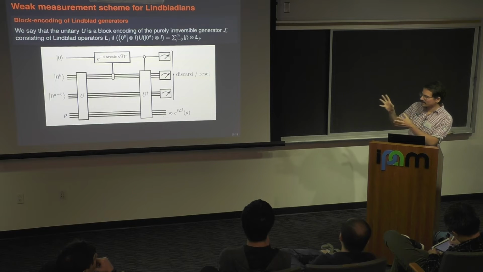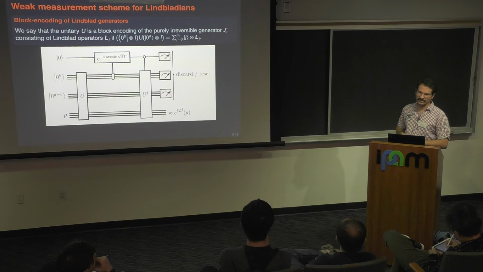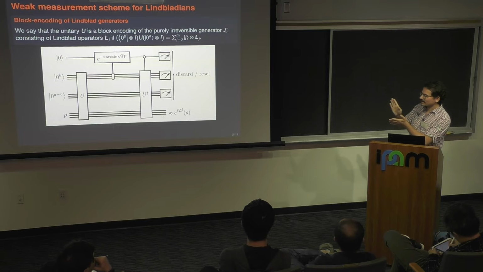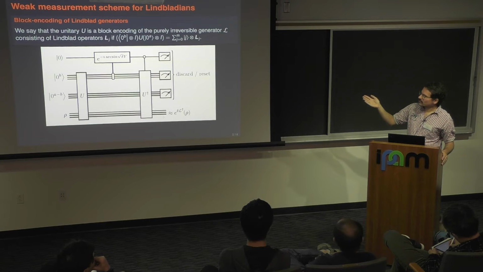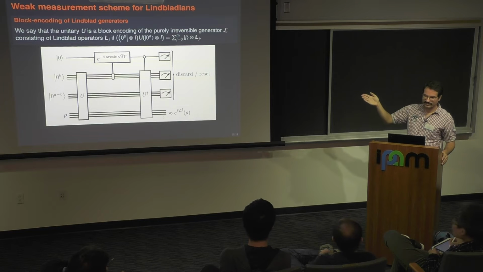So now you are interacting with your bath, and then you forget the interaction and replace them with new, fresh 0 qubits. This is how the bath is modeled by interacting only with a few qubits at a time, and then you refresh the bath, meaning that you replace the qubits by new zeros. You can measure them, throw them away, do whatever you wish. Now this shows you a very efficient simulation of the bath.